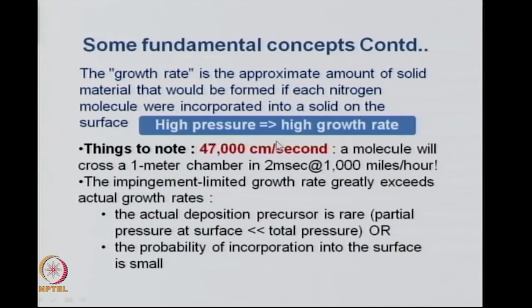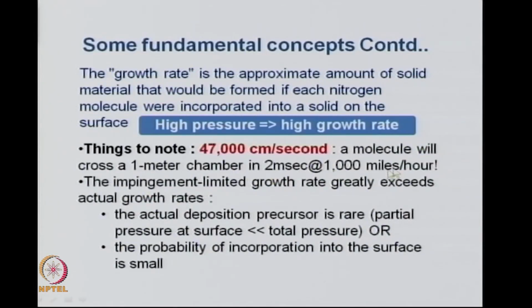What it really means is that a molecule will cross a 1 meter chamber, if you are doing this experiment in a 1 meter chamber, in about 2 milliseconds.